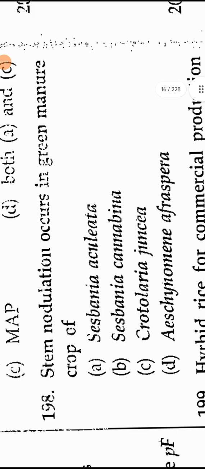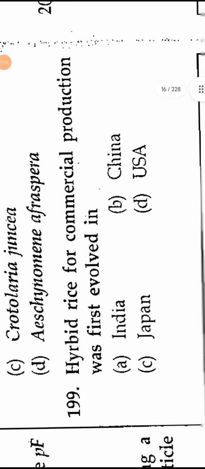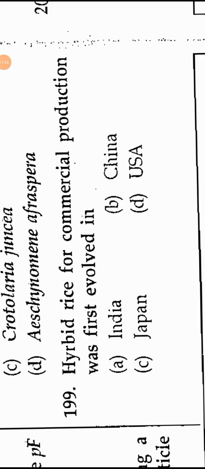Which of the following fertilizers contain water soluble phosphorus? Option D, both A and C, that is SSP and MAP. The stem nodulation occurs in a green manure crop of Sesbania rostrata. The commercial production of hybrid rice was first evolved in China.